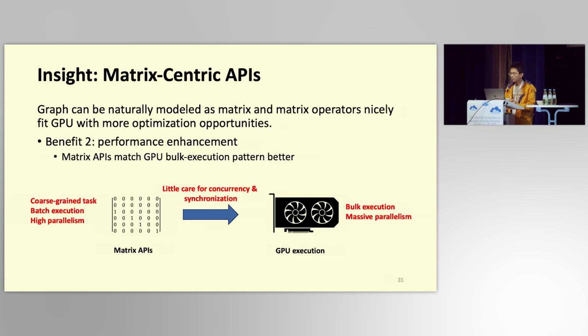First, matrix computation matches the bulk execution of the GPU and is free to exploit the GPU's massive parallelism. And this is done with little or no synchronization overhead. Additionally, this allows us to leverage low-level and high-performance matrix libraries to get faster execution.